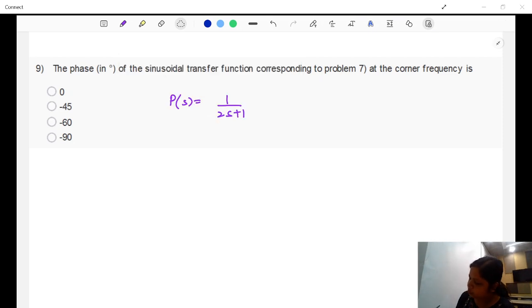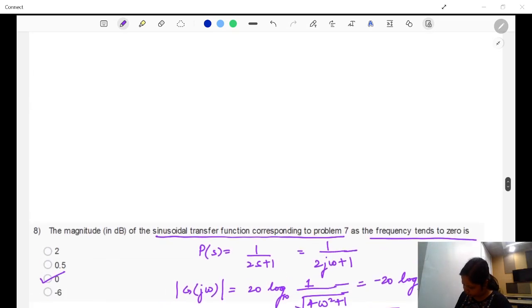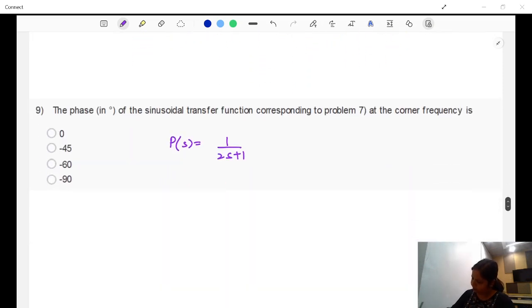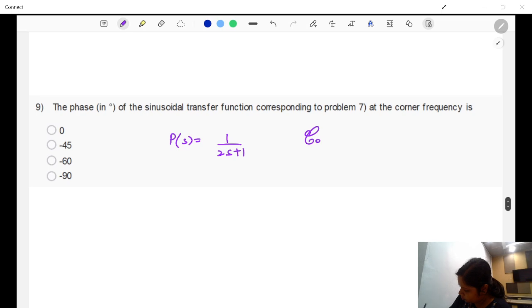The phase corresponding to problem 7, means this one, at the corner frequency is what? So what was my corner frequency? What we had found out? It was 0.5, right? Yeah. So our corner frequency is 0.5.